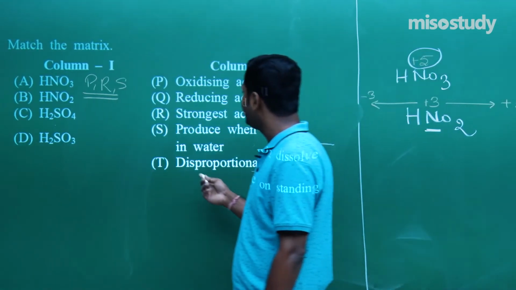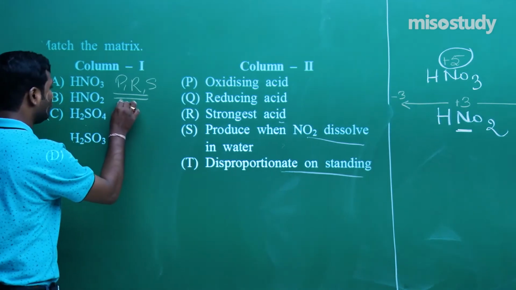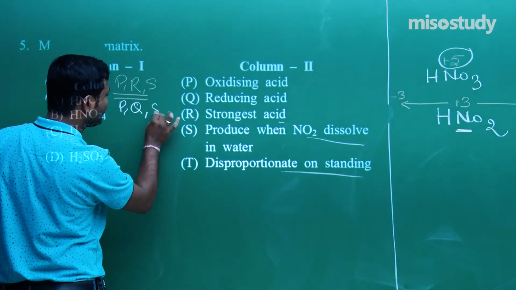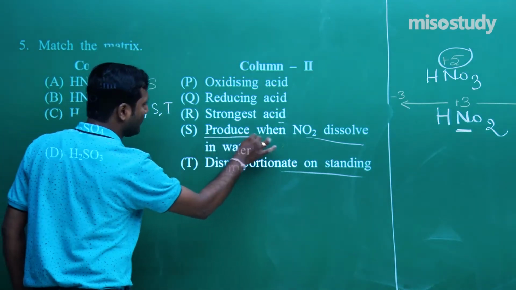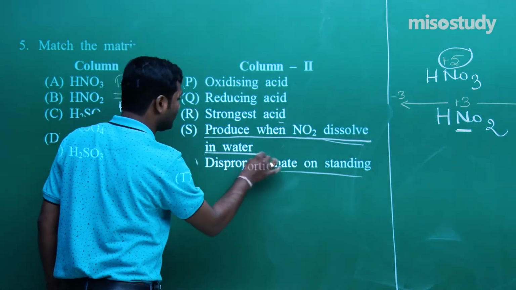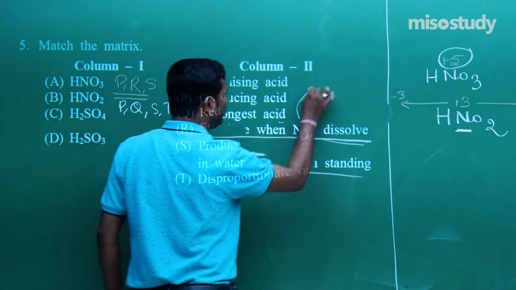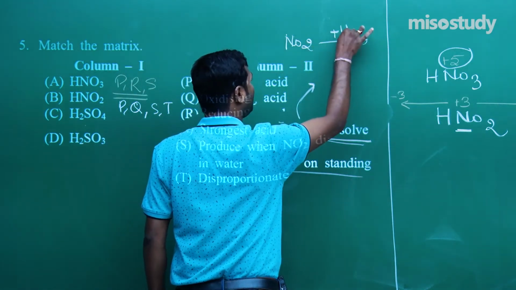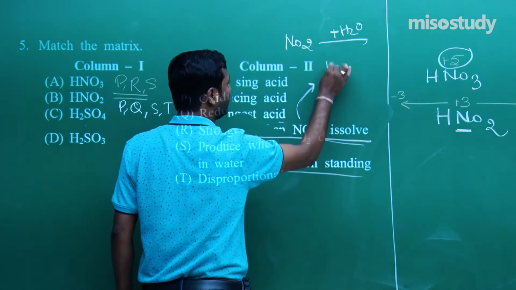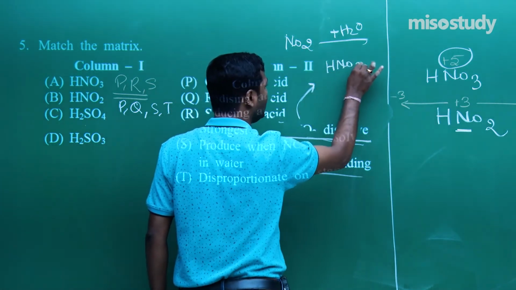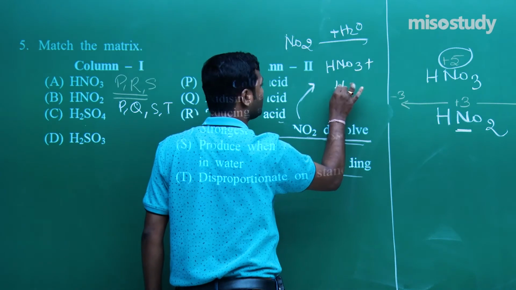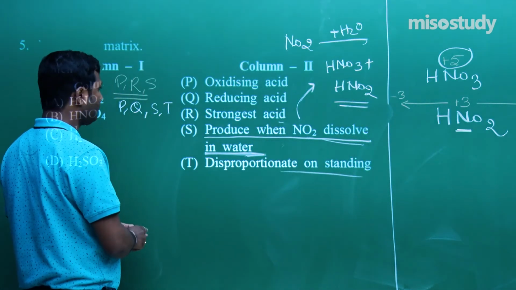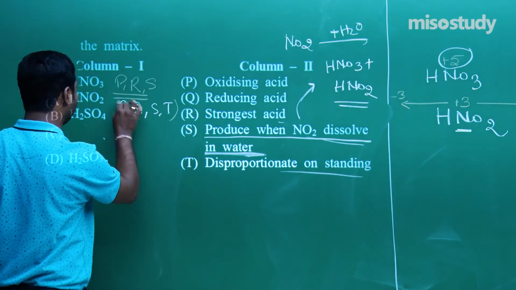So for HNO2, P, Q, okay, then S and T. Produced when NO2 dissolves in water. We all know NO2. Do we need to write down the reaction? When NO2 dissolves, it gives you HNO3 plus HNO2. So this is the reaction. So P, Q, S and T is the correct option.